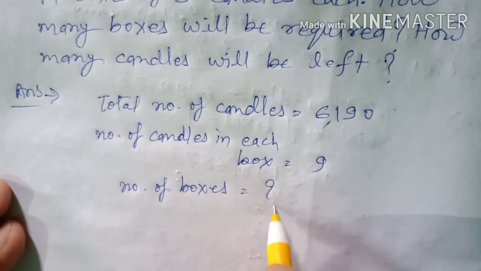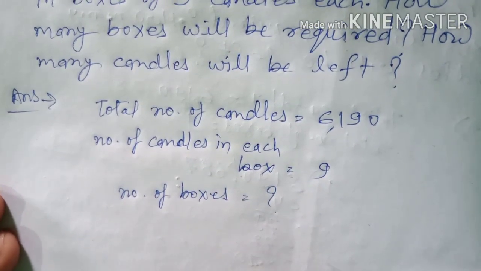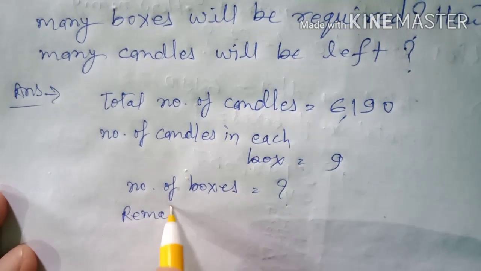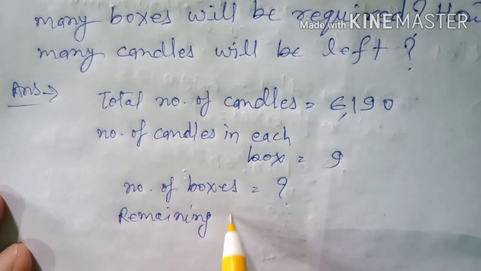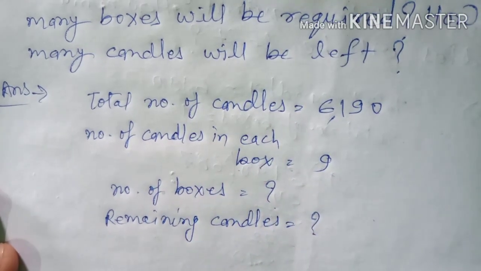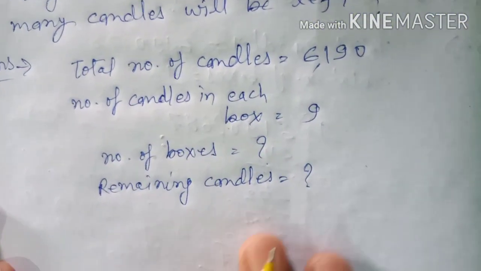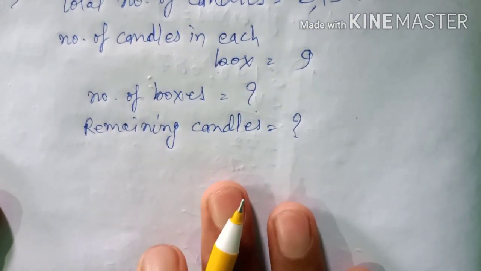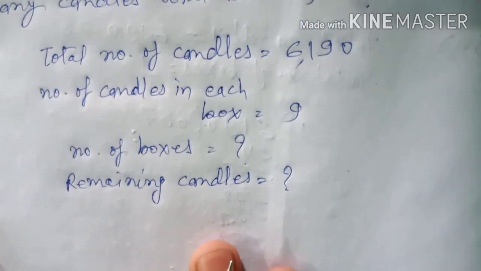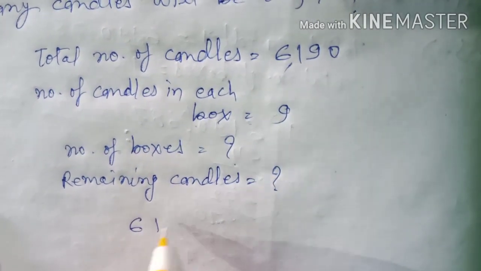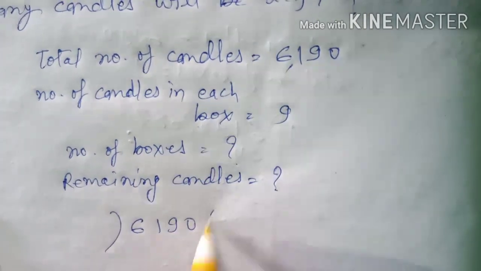You are required to find the number of boxes and the remaining candles. To solve these questions, you have to do the division operation. You will divide 6190 by 9.